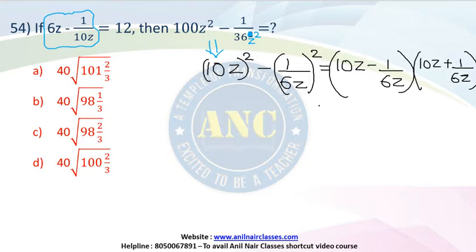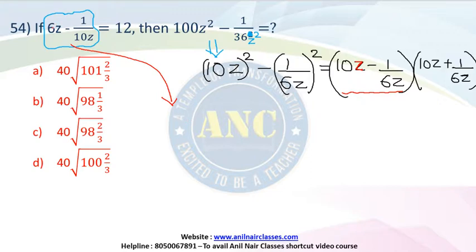Now see here, sir. In whatever we need to find, we have 10z minus 1 by 6z, but in the question they are giving you 6z minus 1 by 10z. So the coefficient of z should become 10, but here the coefficient of z is 6. Multiply by 10 on the left and right side.